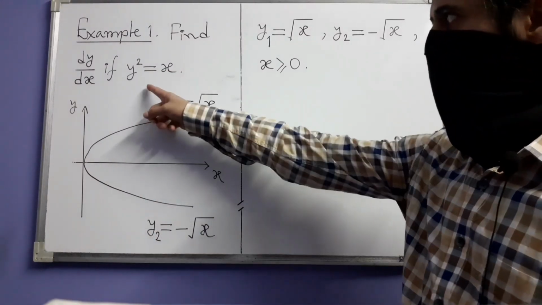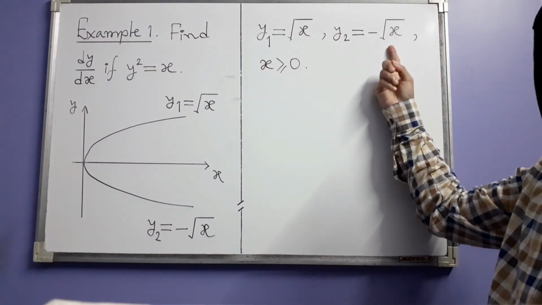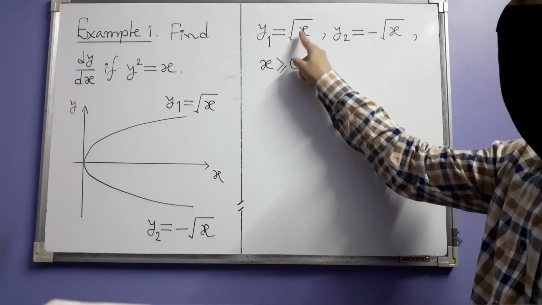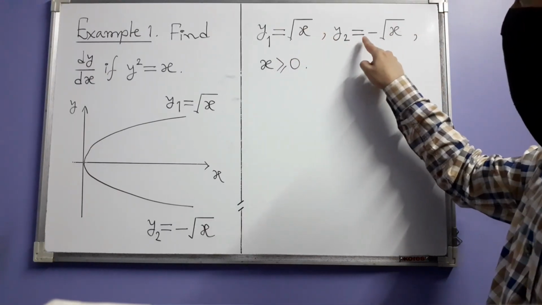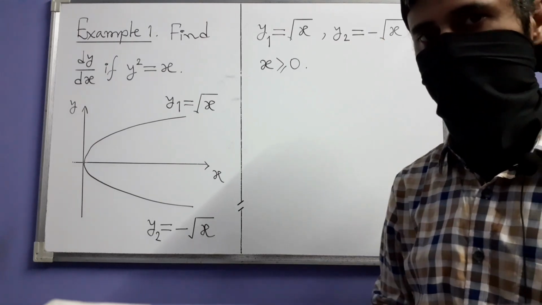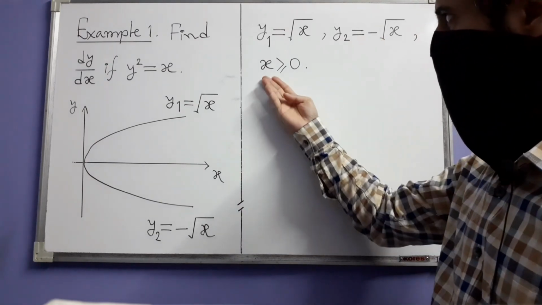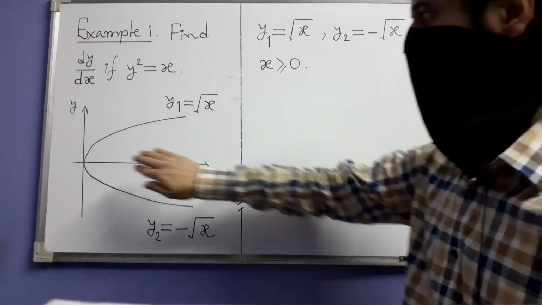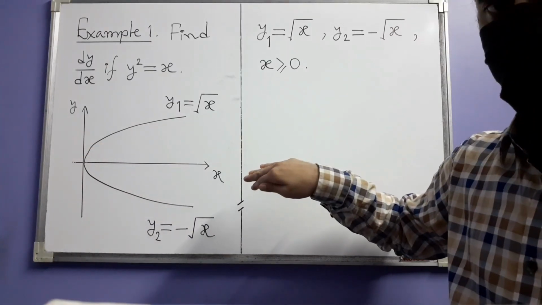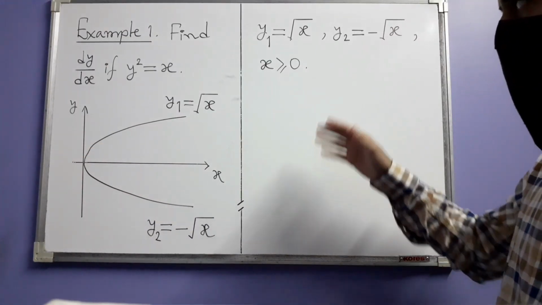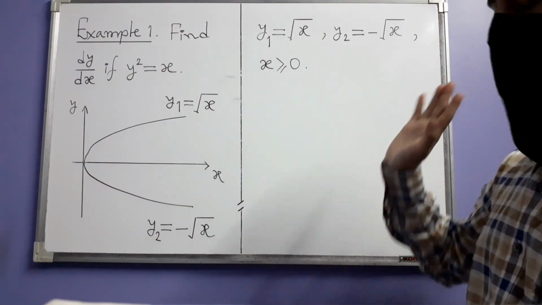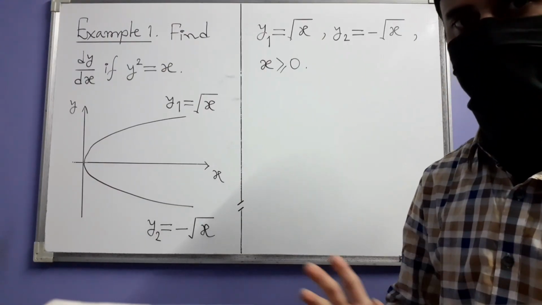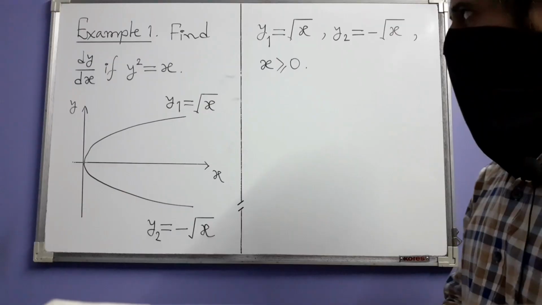So this equation gives rise to these two functions, y1 which is the positive square root of x, and y2 which is the negative square root of x. And the domain of course is the set of all non-negative real numbers. Now because we have found the functions, let us actually differentiate these functions at any positive real number.